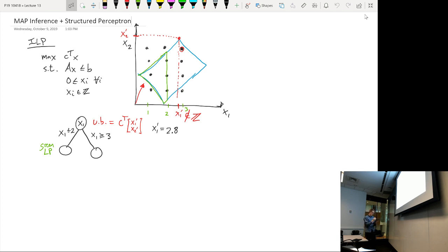And then in, say, this rainbow LP, we capture everything that is, oops, sorry, it's not quite right. So the rainbow LP is going to be cutting right through the value x1 greater than or equal to 3.